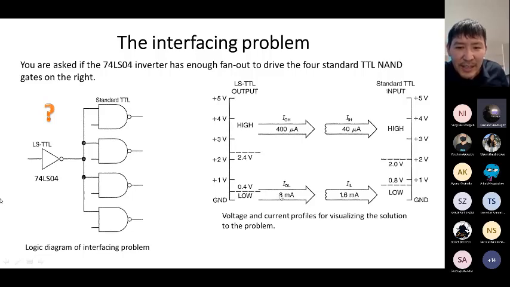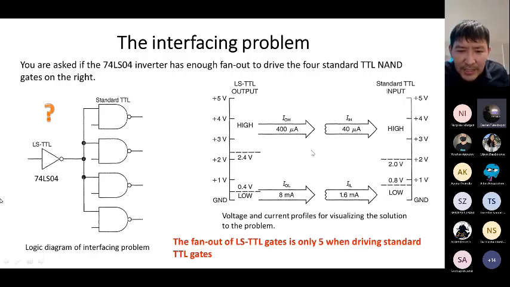So if you divide 8 by 1.6, how much will it be? Yes, this will be 5. The fan-out of this LS-TTL gate is only 5 when driving standard TTL gates.